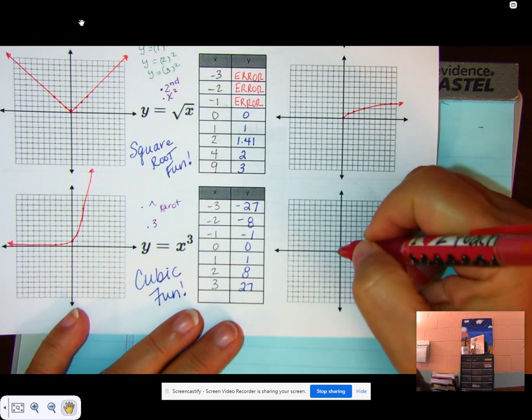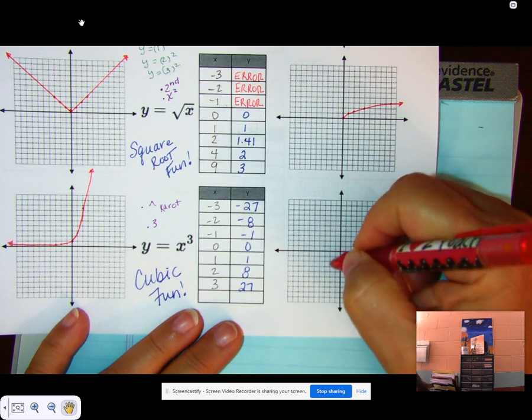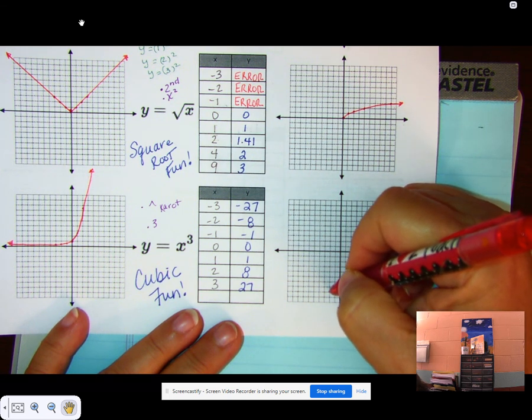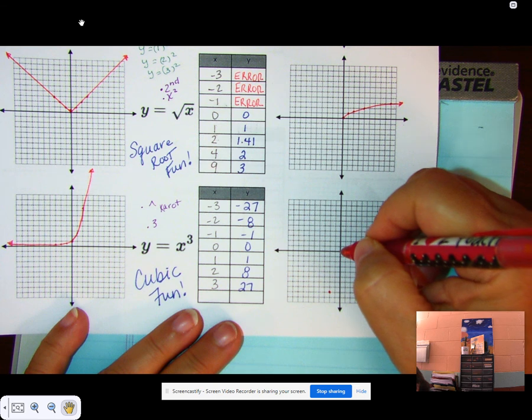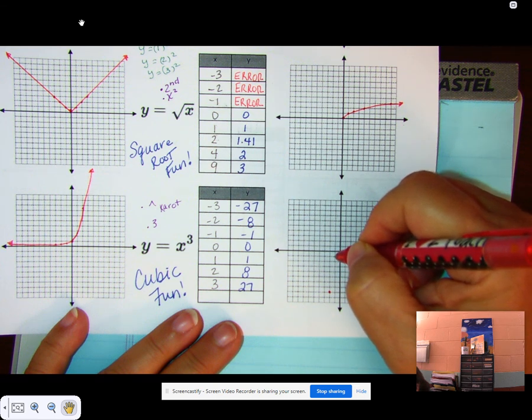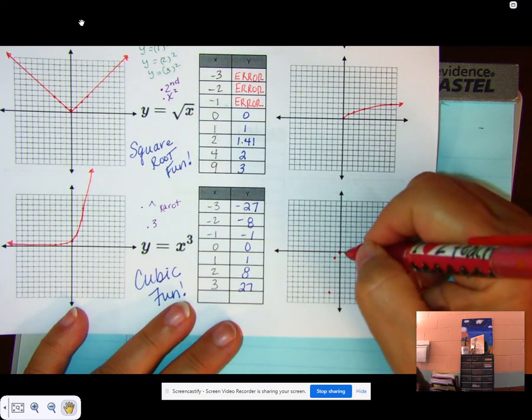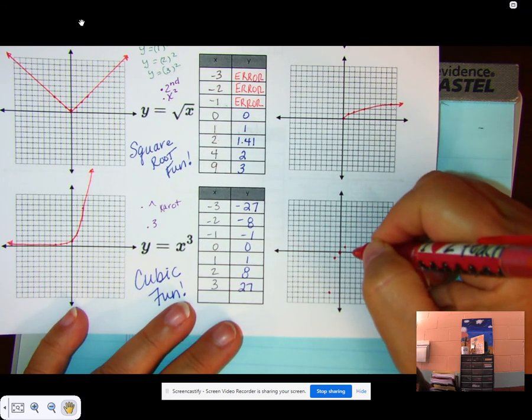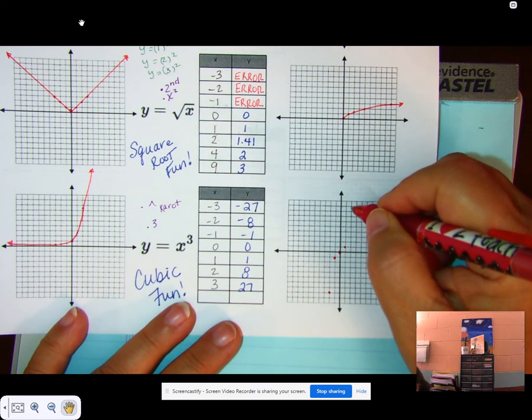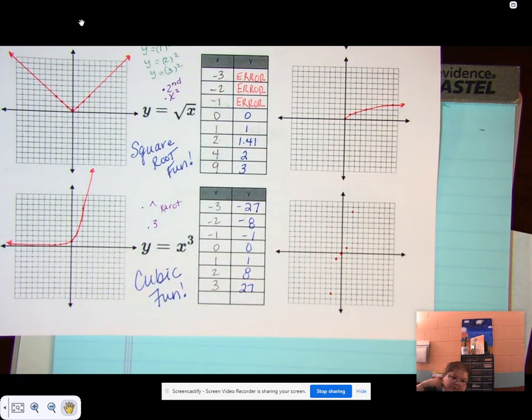But -2 and -8. -1, -1. 0, 0, +1, +1, +2, +8. And of course, 27 won't fit on the coordinate plane, so we don't graph that.